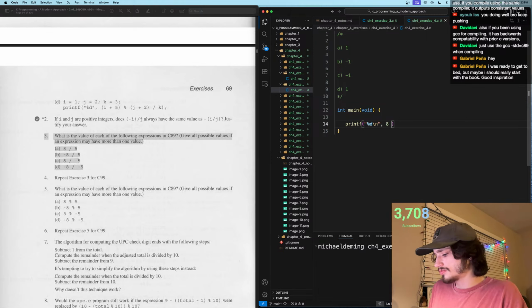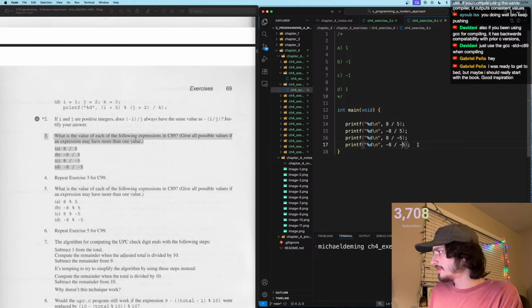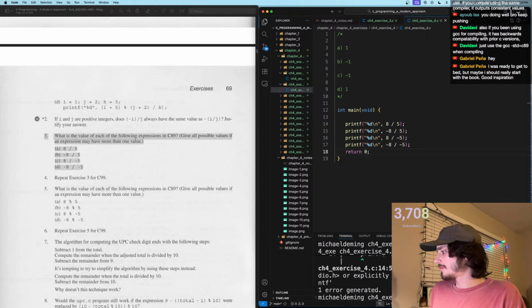Okay, so this is going to be -8, -5, negative and negative. I always forget the return 0, shoot. Exercise 4.